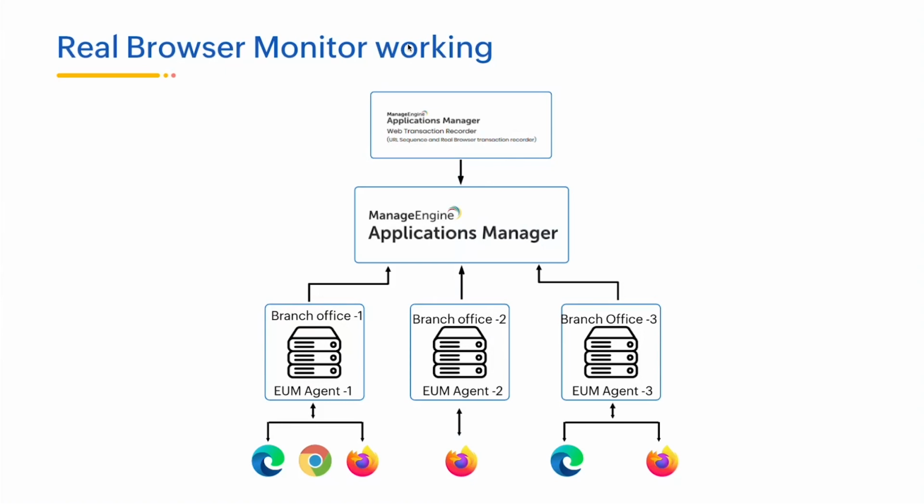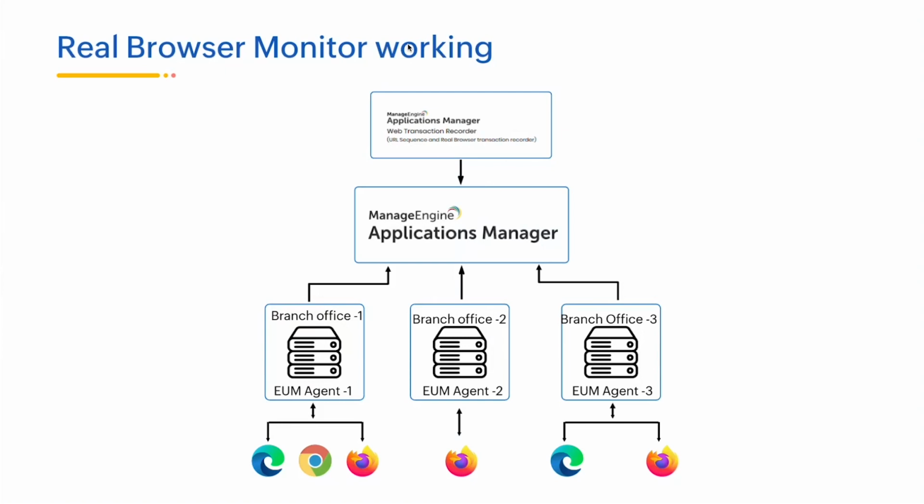For that, you will need to install the EUM agent in all your branch offices. Then you can record the transaction of filling and registering from your main office. The same transaction will then be performed in all your branch offices using this EUM agent, and then all the data will be sent to Applications Manager. This way, you can check if this particular workflow functions without any errors in all the desired locations.